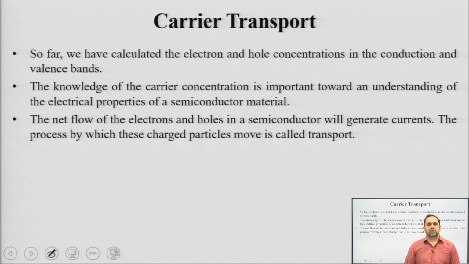We have tried to explain that a semiconductor whose conductivity is generally tunable via doping, you can control the number of charge carriers which are present in your devices. So, we have calculated the electron and hole concentrations in the conduction band as well as in the valence band. Okay. So, why we have done that?